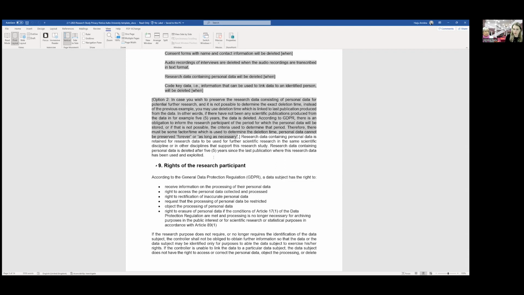This is fine, because you have at least some kind of determination when the data will be deleted. So this is completely different than using phrases like the data will be kept as long as necessary, because this is too vague. But if you have some kind of timeline set when the time starts running, for example, here, you would need to see that, okay, well, this data has now not been used for 5 years.